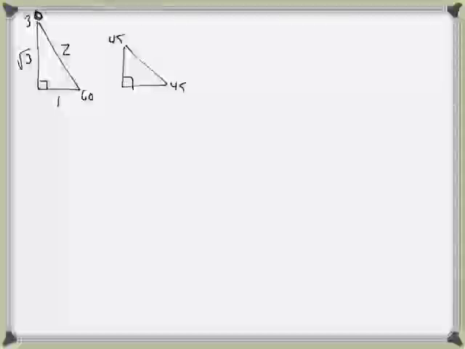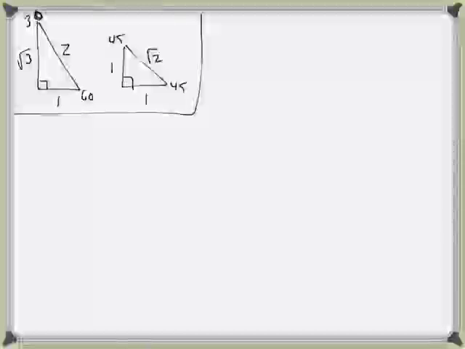In the 45, 45, 90, the pattern is 1, 1 for the two legs that are the same since it's isosceles, and square root of 2 for the hypotenuse. And those are rules that are always true for those particular angles in a triangle.